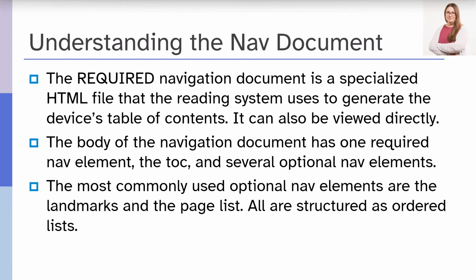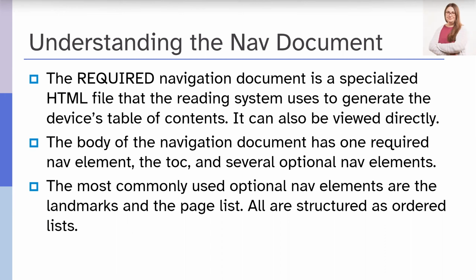But there are several different types of navigation that can be included. Most commonly, what you'll see are navigation by landmarks and the page list, especially if there is a print equivalent to the digital book that you're looking at. These are all structured as ordered lists.